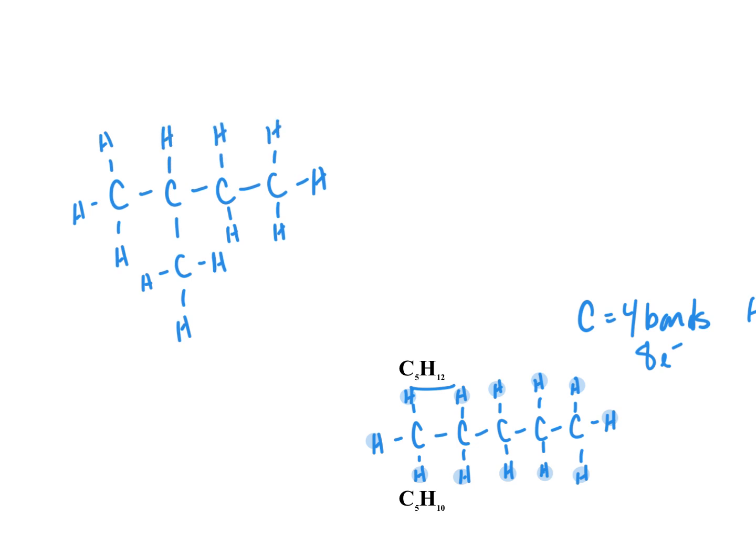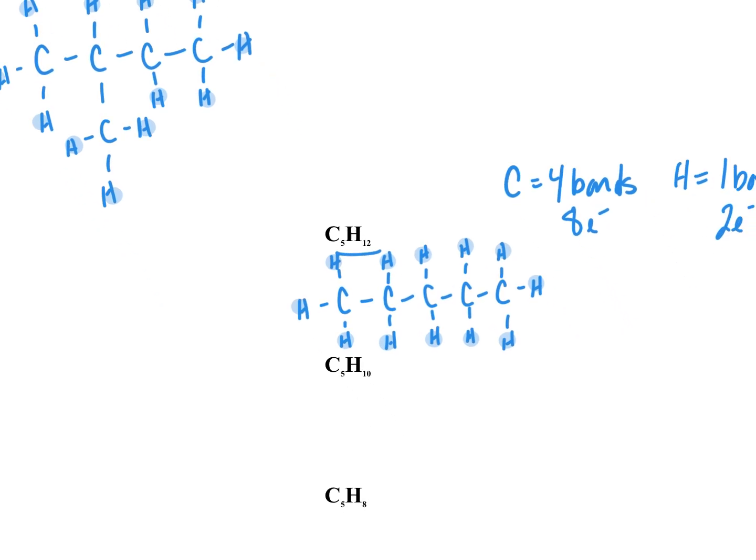Then what we would have again here is 1, 2, 3, 4, 5, 6, 7, 8, 9, 10, 11, 12. So if your formula works, that you've got a saturated hydrocarbon, as long as you have all single bonds and there's no rings, any type of arrangement there is fine.